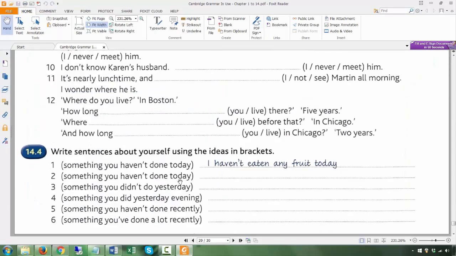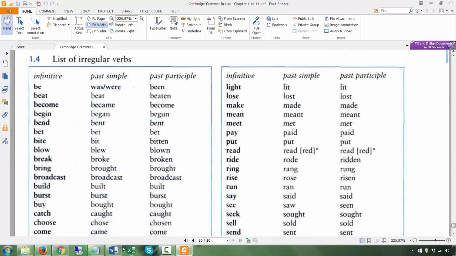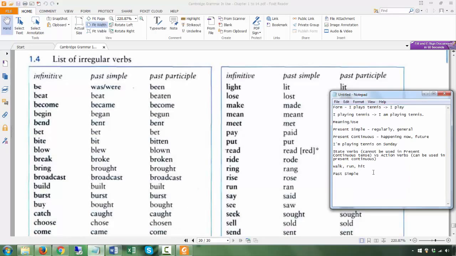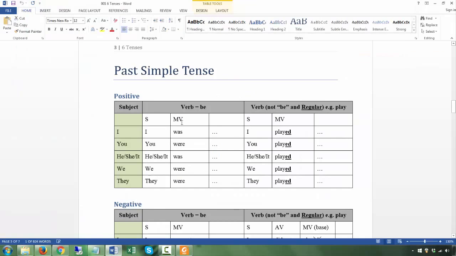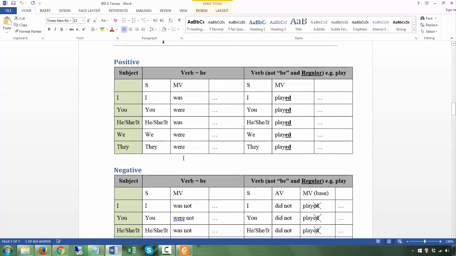Now, as I was saying, the past simple, there's the be verb, okay, went through that, how to form it, positive, negative, question. And then I mentioned there's regular verbs. There's regular and there are irregular verbs, right?